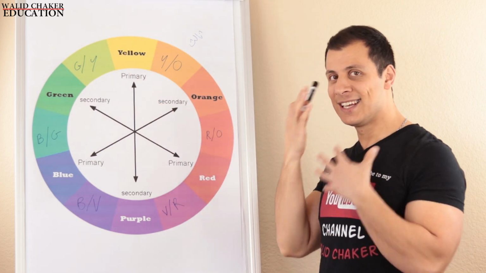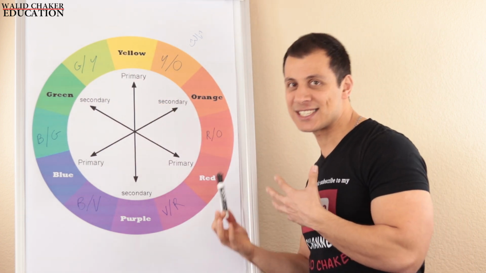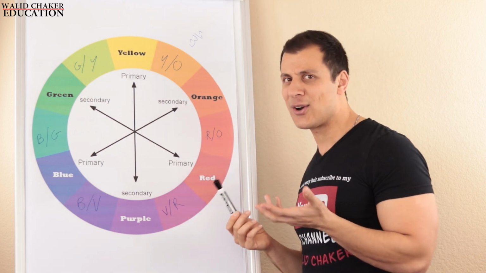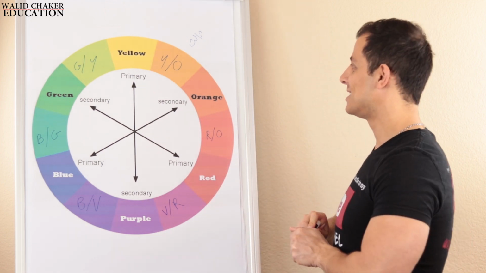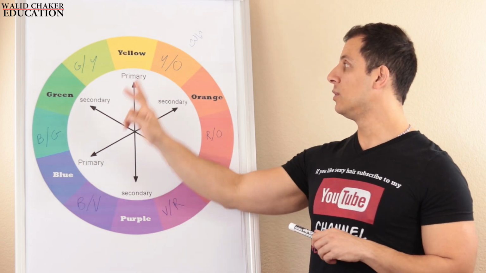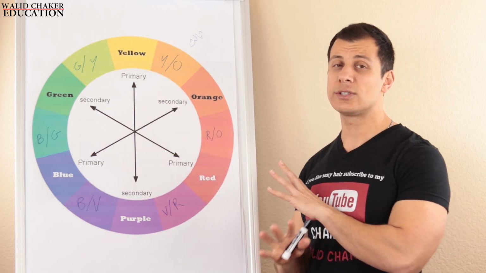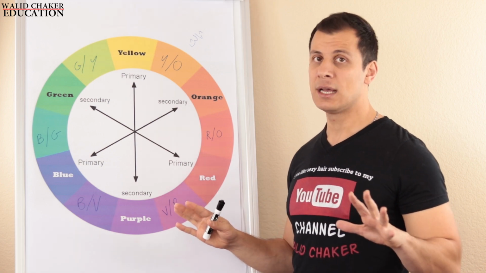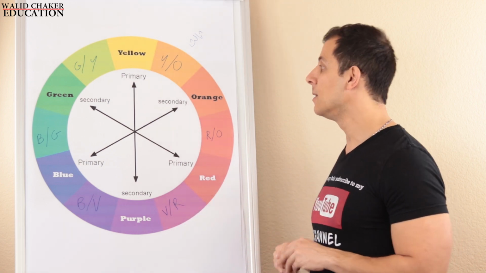Hopefully you're starting to feel like, I know we just started, but it's interesting, isn't it? So now we know we have primary colors red, blue, and yellow, and those colors we cannot make. There is no way we can make those colors.